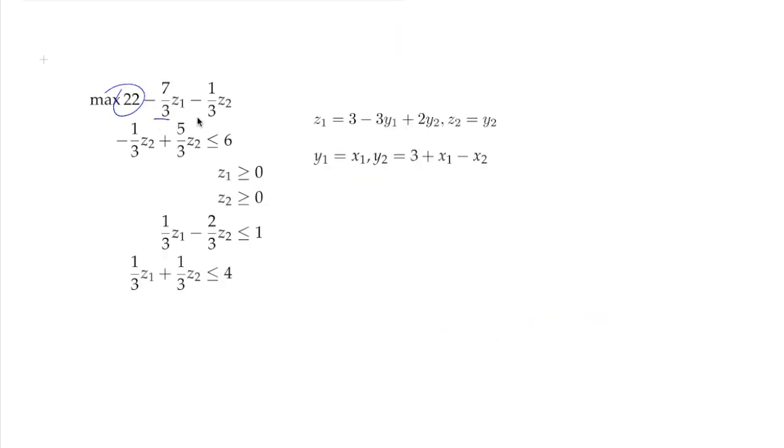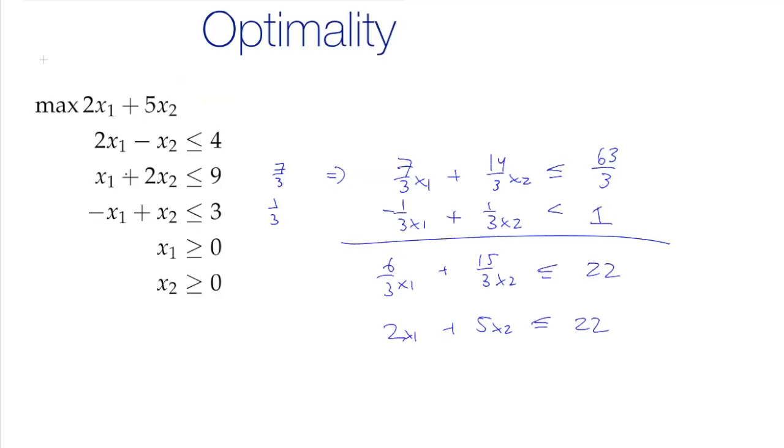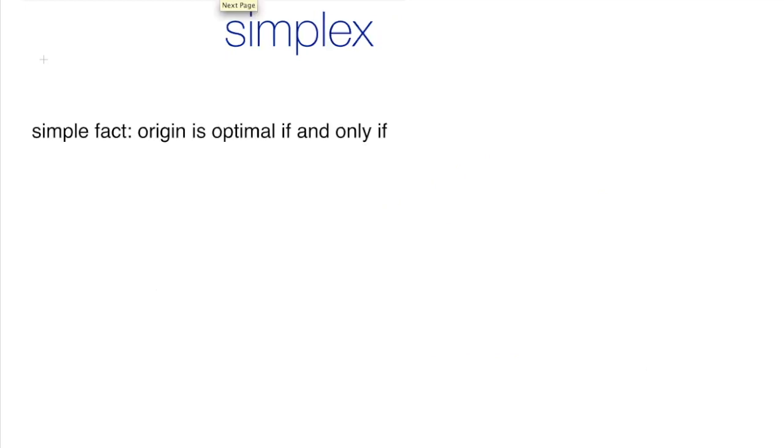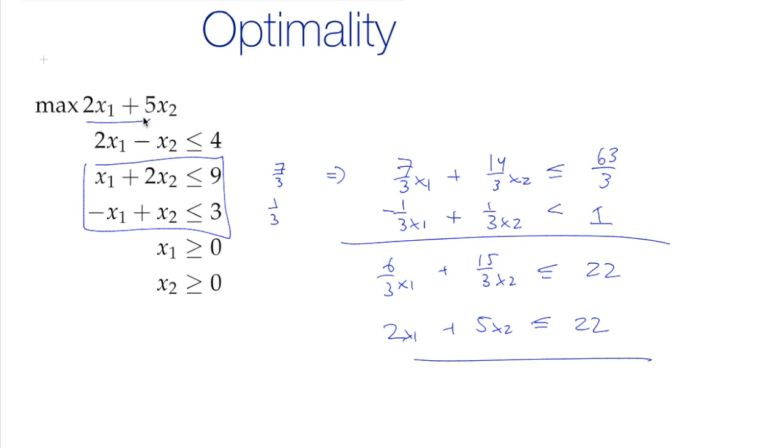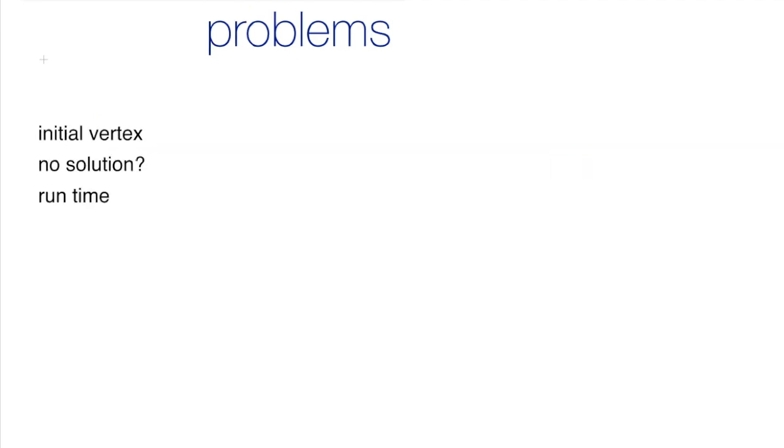So not only did we find a solution here, we knew that we were done because these coefficients are all negative, and so we can't get any larger. And moreover, these coefficients right here give us a proof of optimality. Okay, great. So the origin is optimal if and only if c is negative. And c happens to be these coefficients that you use right here to compute the optimal function.